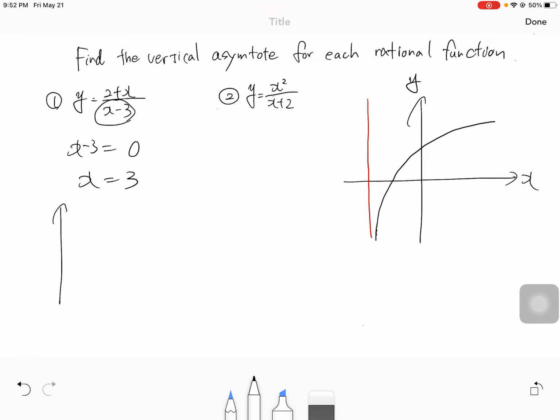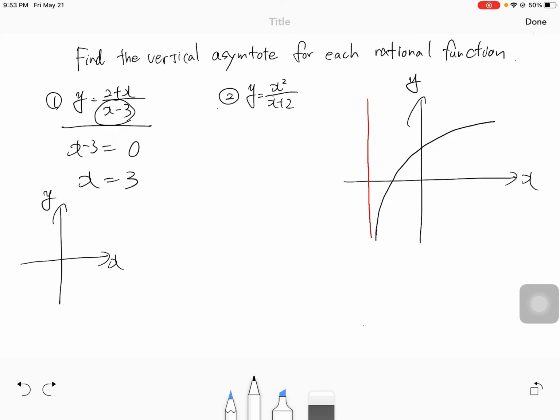And also this function is continuous. Continuous means it's like this, it's not like this. It's like the graph is continuing. It never stops. It never bounces.